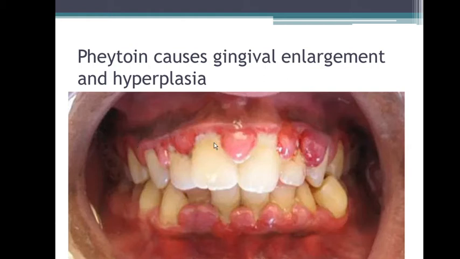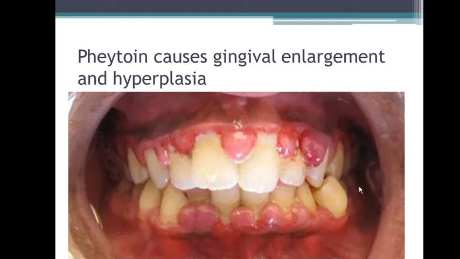So it's very important to ask the patient once he comes to the clinic what type of medication he is taking, because this will help the dentist to know exactly what it will help in the diagnosis and treatment of the case.